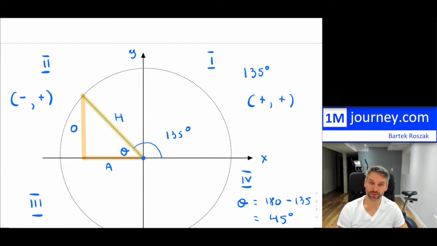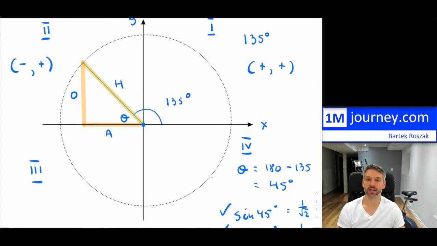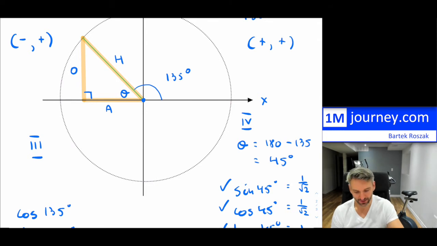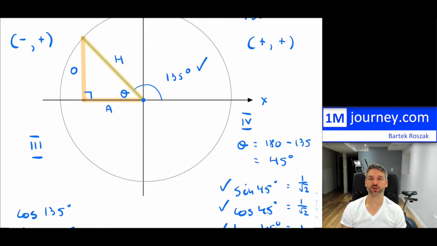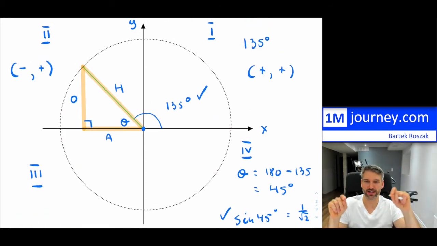So what the math team has done, they basically said, well, since we still have a right-angled triangle, if you really want to define trigonometric ratios for greater than 90 degrees, then we're going to assign a sign to the opposite, adjacent, and hypotenuse as well.